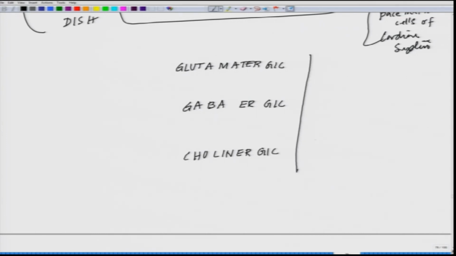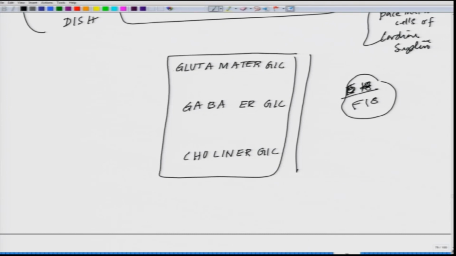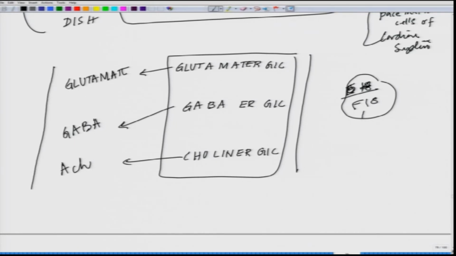Especially this is the situation at E18, or sorry F18, I shouldn't call it embryonic, it is a fetal stage. Glutamatergic neurons are the ones which secrete glutamate as a neurotransmitter, GABAergic are the ones secreting GABA as a neurotransmitter, and cholinergic are the ones secreting acetylcholine as the neurotransmitter.